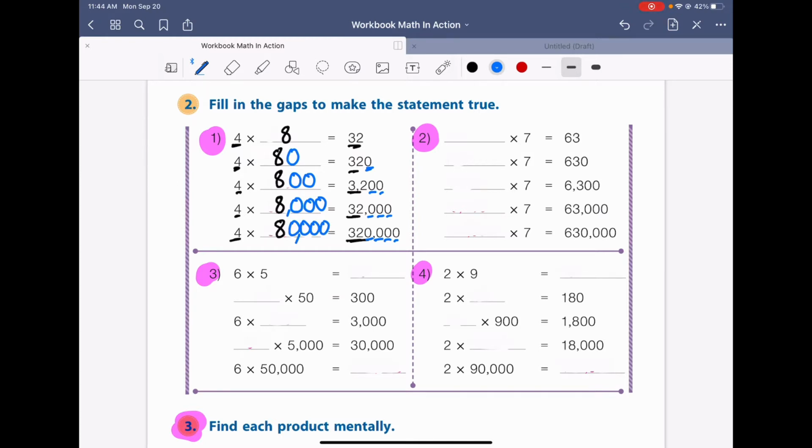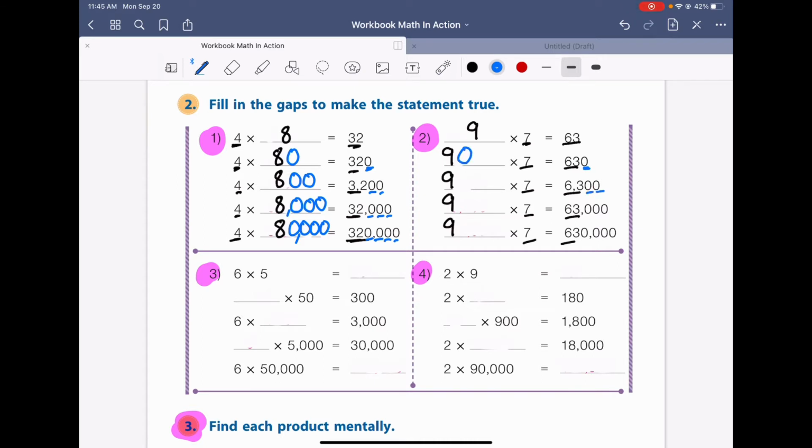Now for number 2, 9 times 7 equals 63. Again, we have 7, 63, and all of these, so you already know it's going to be 9, 9, 9, and 9. That's the first number. Just the zeros change. We have 1 zero here.